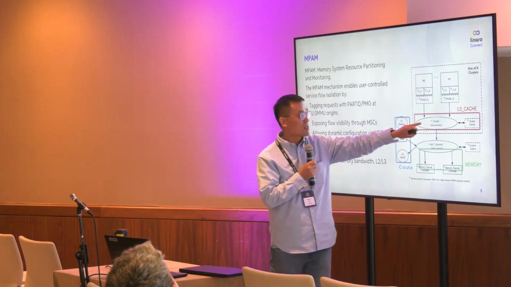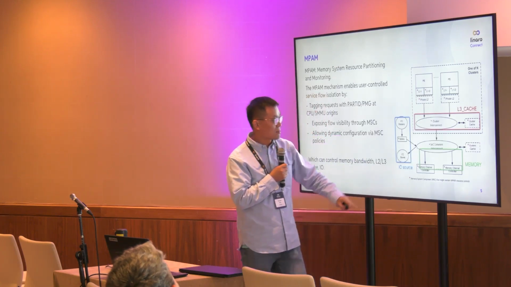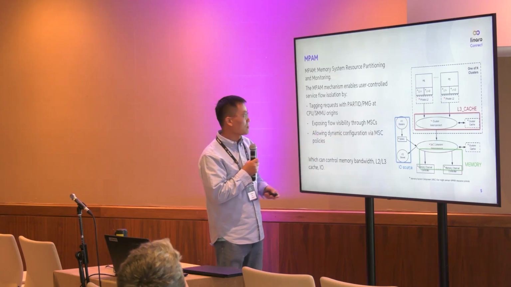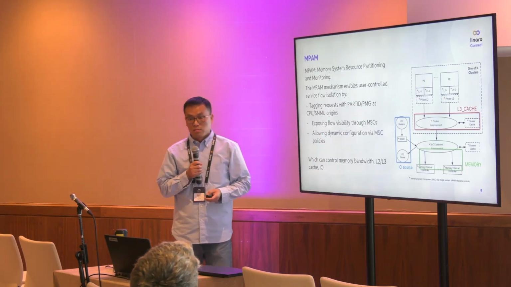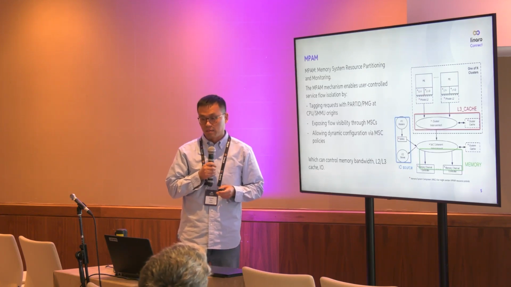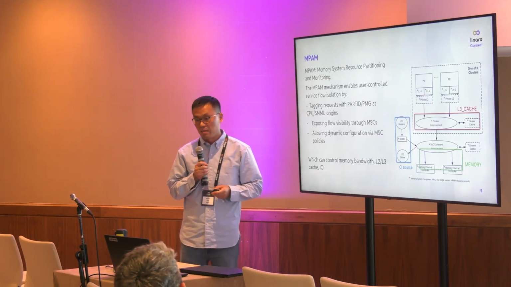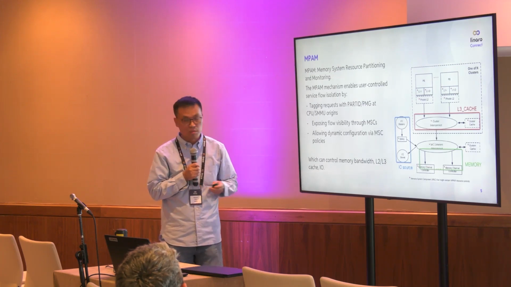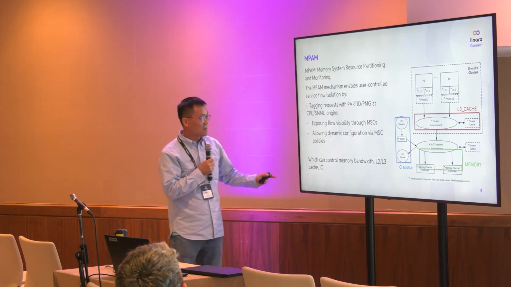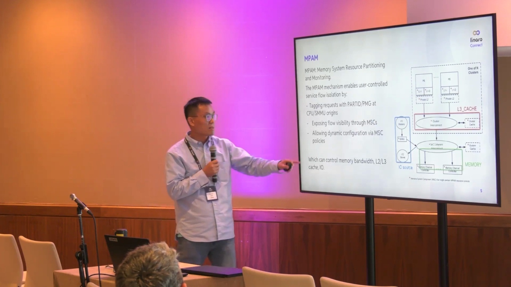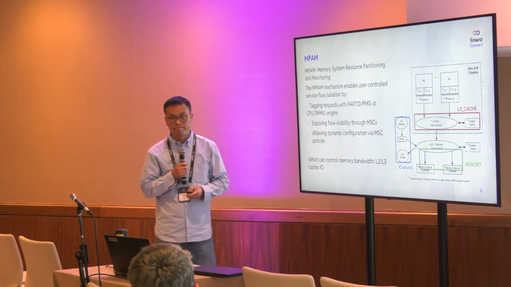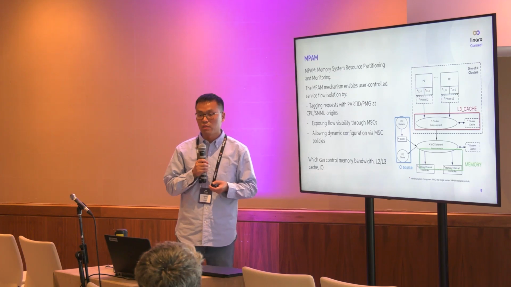The second is the level 3 cache, the last level cache, and the memory bandwidth, and the IOs from the SMMU. The MPAM mechanism enables user-controlled service flow isolation by tagging requests with a PARTID and a performance monitoring group at the CPU and SMMU originators. That means we can control the memory bandwidth, level 2 cache, level 3 cache, and IO from the hardware point of view.